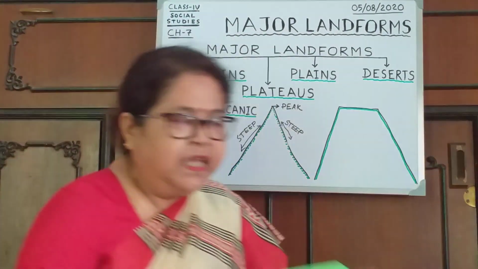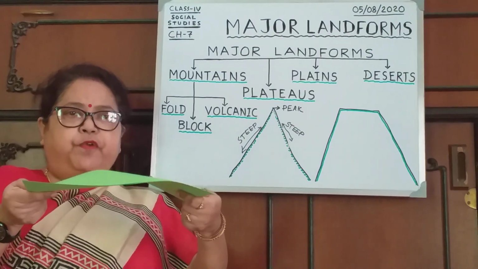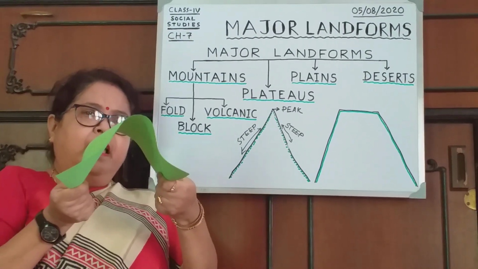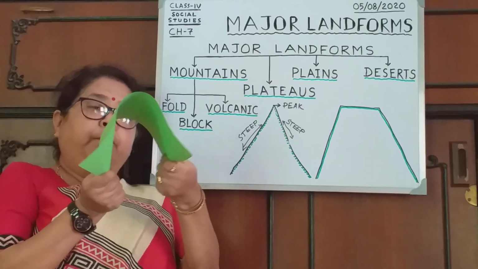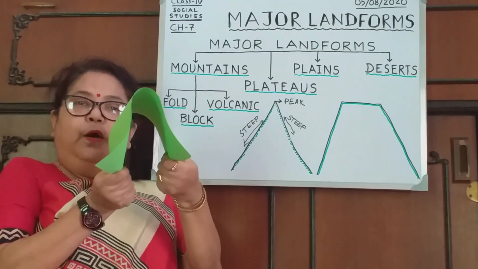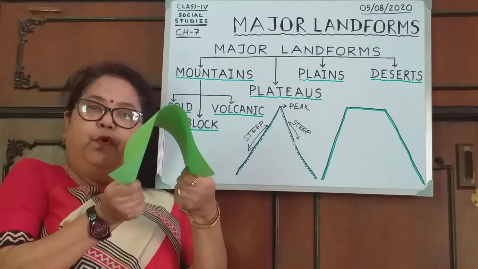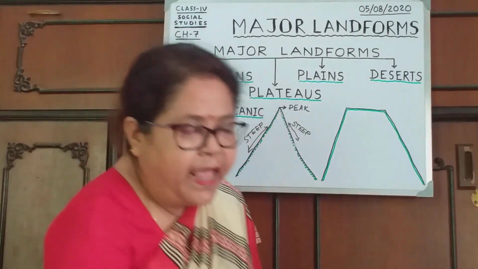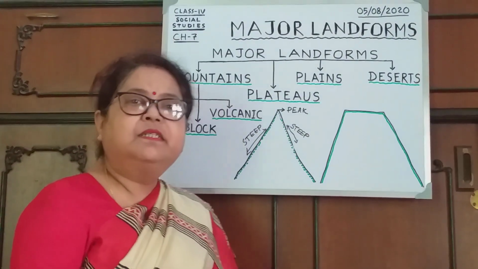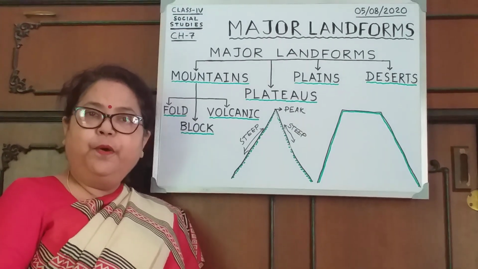Suppose these are the plates. When I am giving pressure from 2 sides, you see the central part is moving upward. This is the way fold mountains are formed on the earth's surface. Examples of fold mountains are the Himalayan mountains and the Alps mountains in Europe.